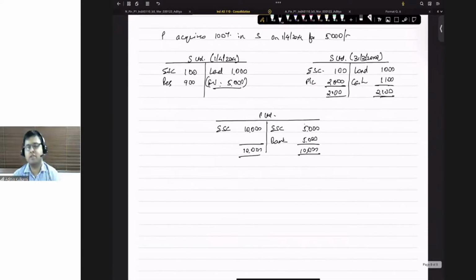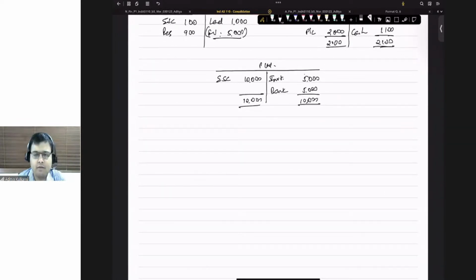So this is what P Limited's position was both on 1st April X1, date of acquisition, as well as the date of consolidation. It is a purely investment entity, so it does not have any operations. Investment and bank.